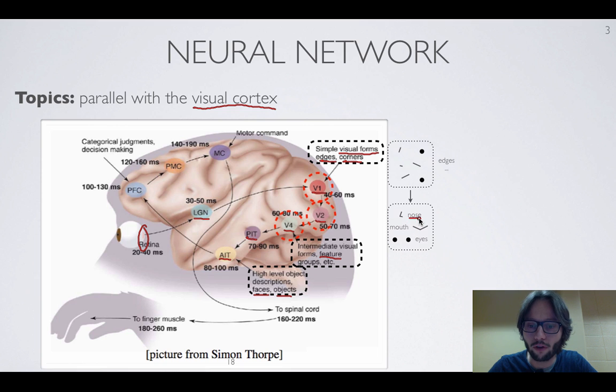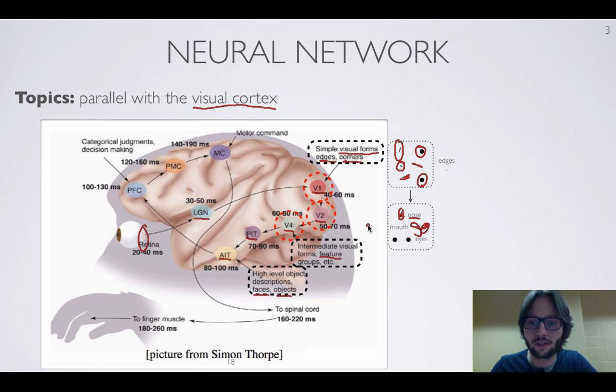So for instance, we could have a nose detector that would combine this feature with this feature. So this would be this line here and this line here. We could have a mouth neuron, which would detect mouths by detecting the presence of this line here and this line here. And then something that would detect two eyes, so that would be this feature and this feature.